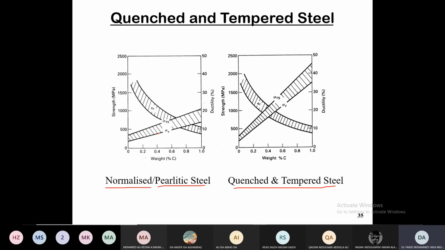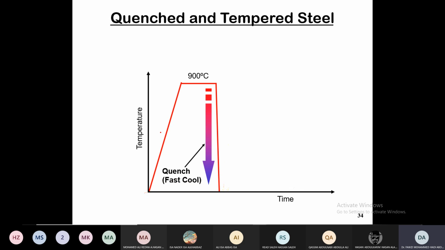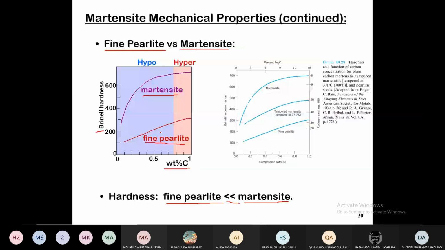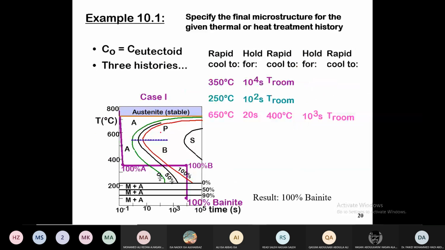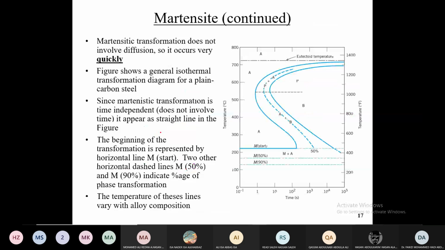Normalized means that you are using slow cooling. So if you are heat treating slowly, as we said, you are going to the pearlite zone. That's the pearlite zone.